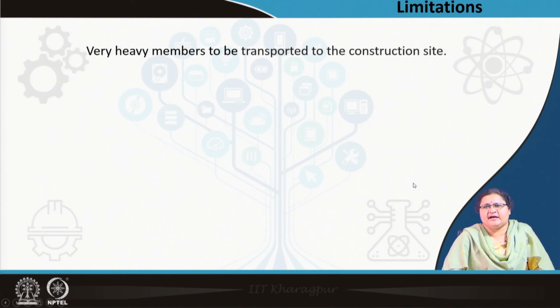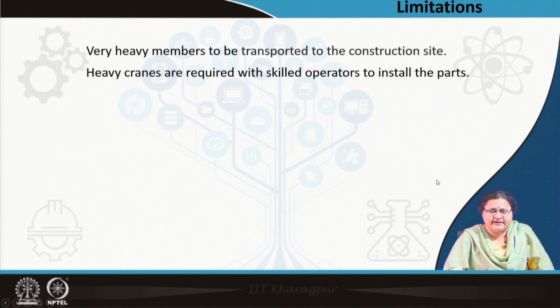Other limitations are, when it is a concrete item, however thin it may be, it is very heavy. It has to be transported to site very precisely, very carefully, so that the corners, ends, edges do not fall out, because they actually form the connections with the next item or the next panel. So, these members are to be transported very carefully.